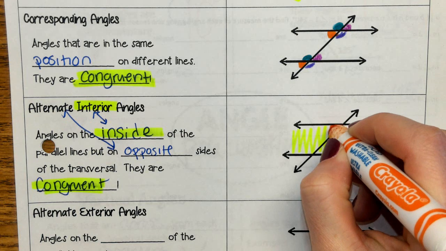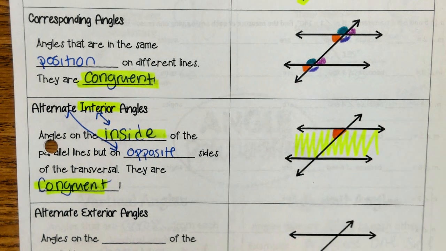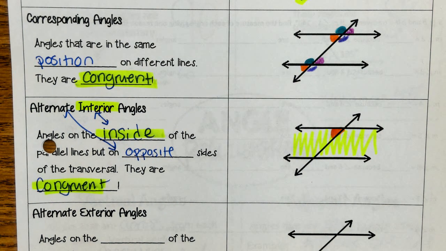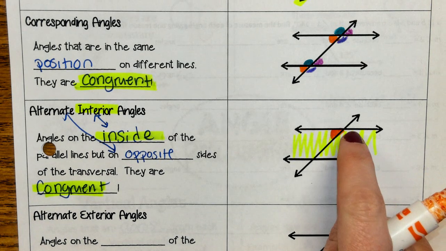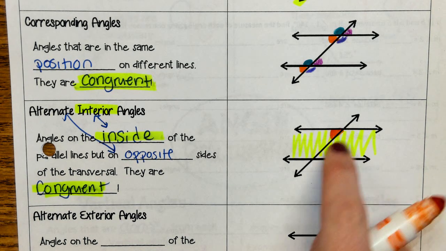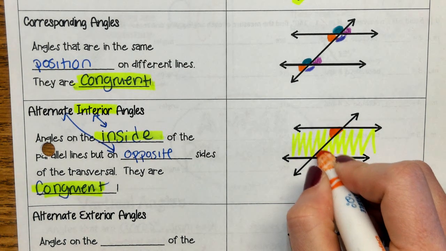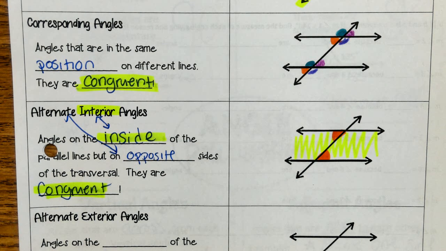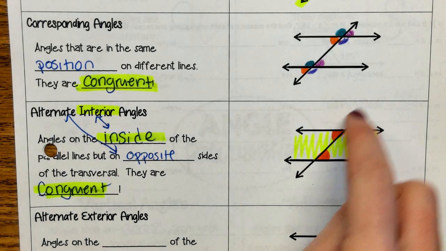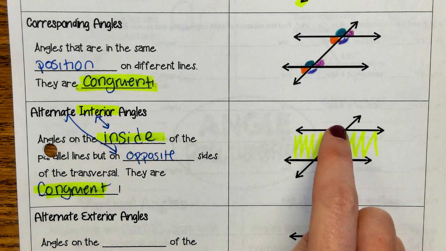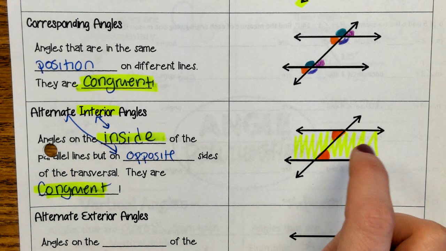Here is an angle on the inside, this orange one. It is on the inside, it is on the yellow part. Its alternate interior angle is on the opposite side down below. So these orange angles are alternate interior angles. They are on opposite sides of this transversal line, on different parallel lines, on the inside.